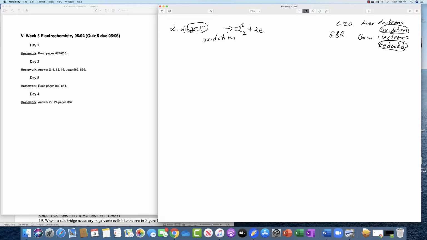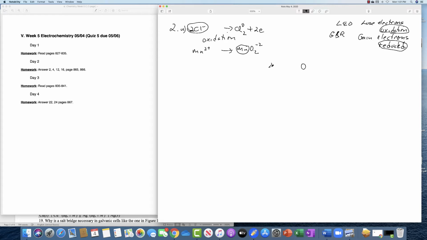The second one is Mn2+ goes to MnO2. Now, in order to do this, you have to figure out what the oxidation number for Mn is. The most common oxidation number for oxygen is -2, so we'll use that. The total here, because this has no charge, has to equal 0.